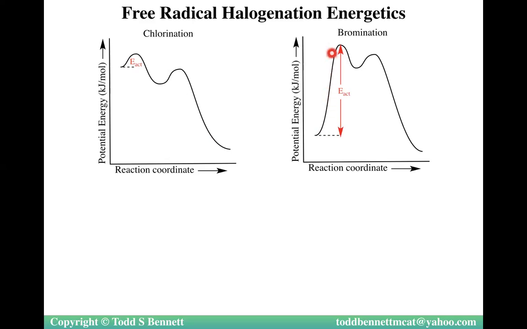Bromination, much larger jump. So the amount of energy you get is less than what you need for initiation. So it can't go very fast. So the diagram hopefully shows you low activation and high delta G. It's free to pump energy back in and make it go. If you have a high activation and very low delta G, then it doesn't really generate a lot of energy to keep it propagating.